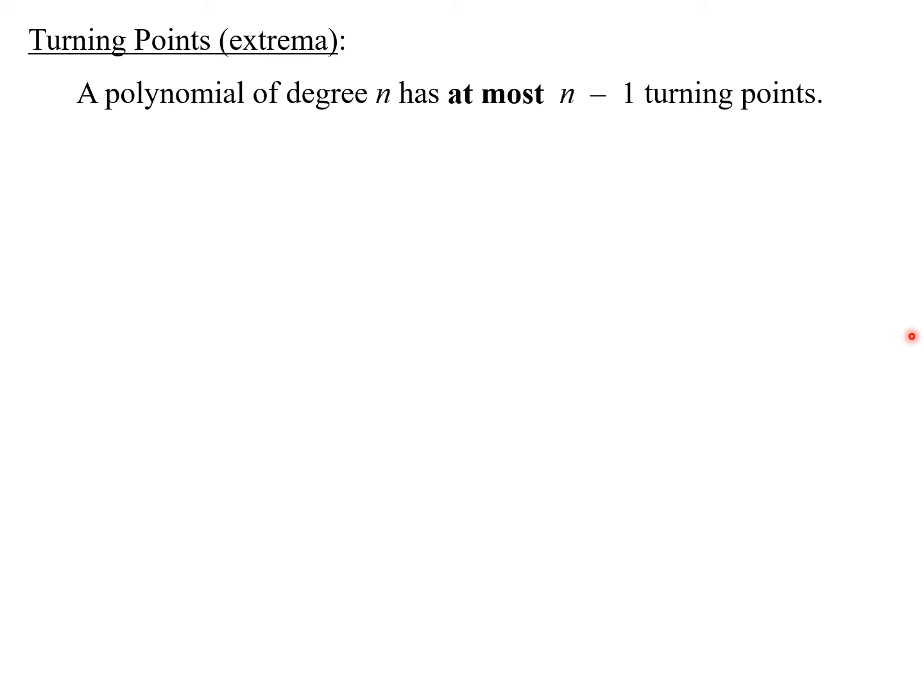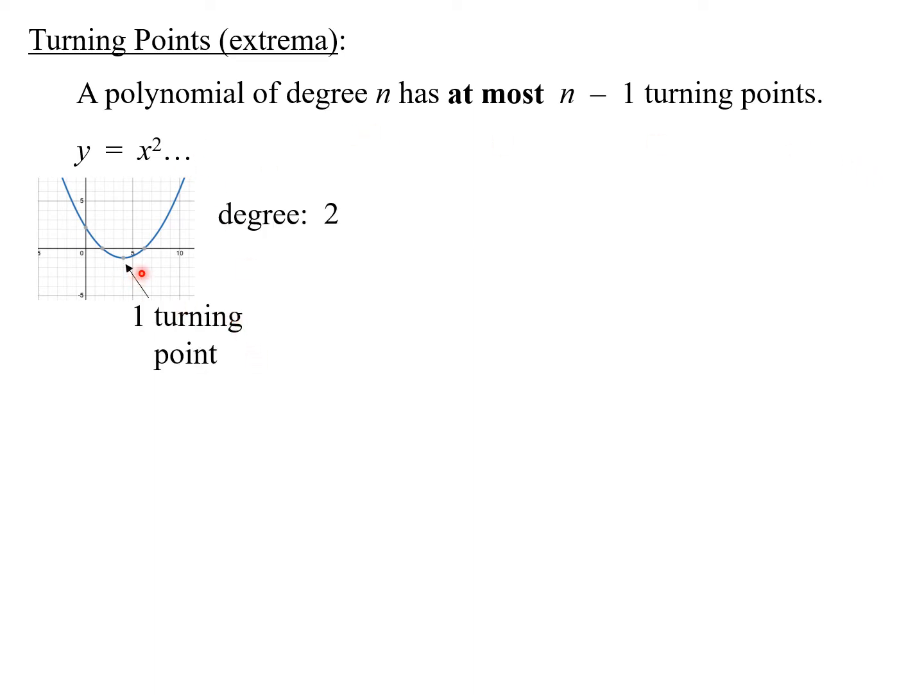Another thing we need to think about is the extrema, or the turning points. A polynomial of degree n has at most n minus 1 turning points. If you think about a quadratic function, a function of x squared type, which looks like this, this is of degree 2, and it has one turning point right there. The function is going down and then it's going up. So it turns once.